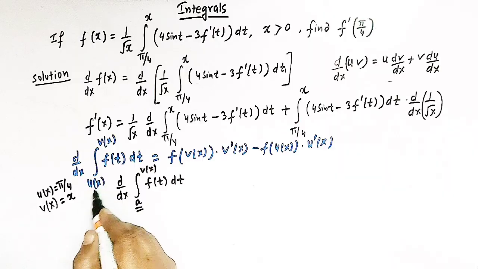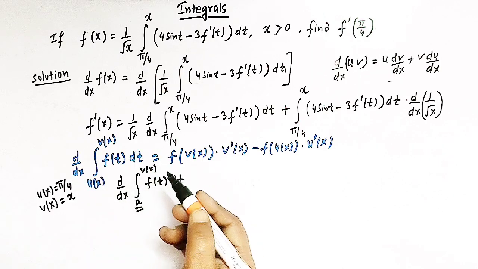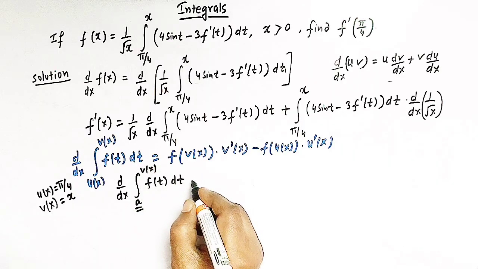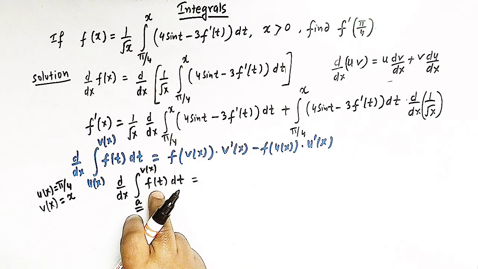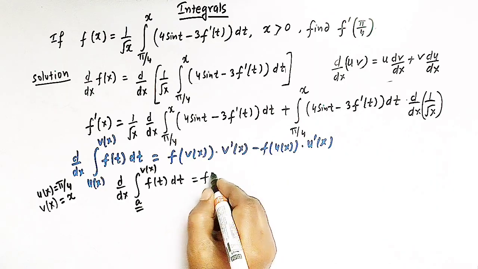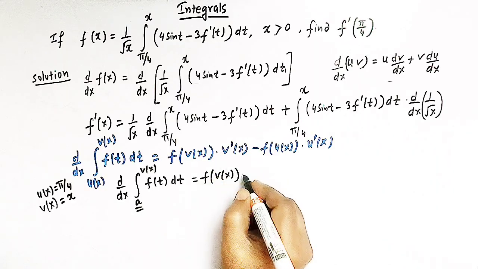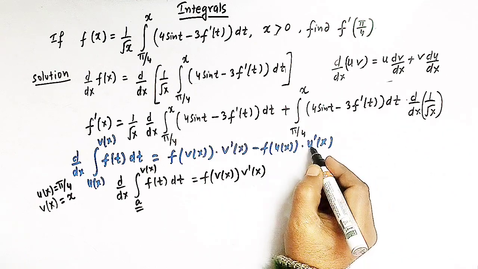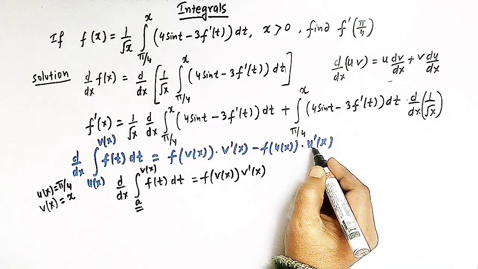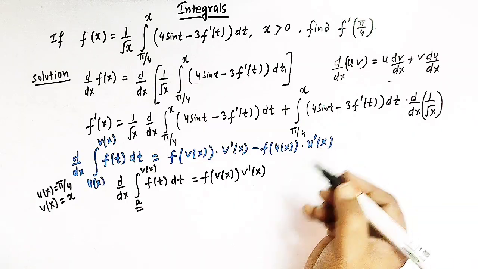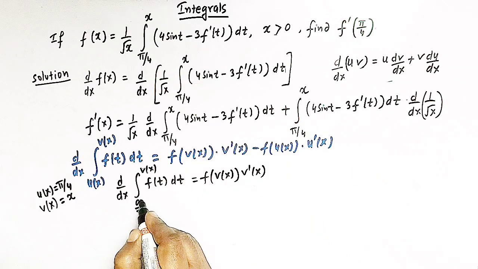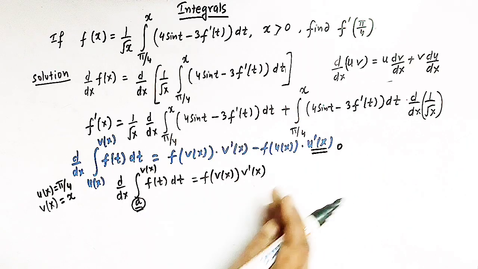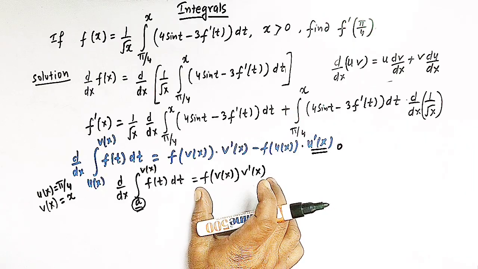Then the derivative is given by f(v(x)) times v'(x), and the other term is 0 because u'(x), the derivative of u(x), is equal to 0 when u(x) is a constant. So we are left with only this term, right?